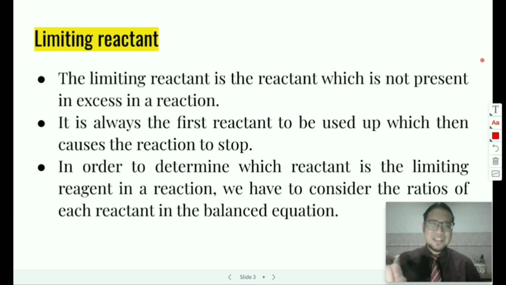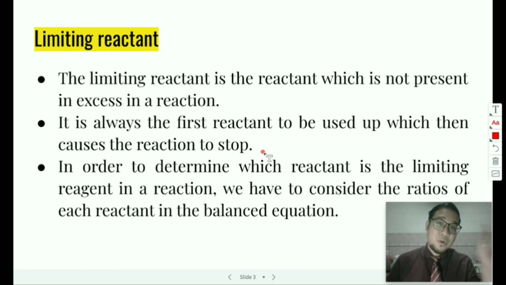So now let's recall what we mean by limiting reactant. The limiting reactant is the reactant which is not present in excess in a reaction, and it is always the first reactant to be used up, which then causes the reaction to stop.